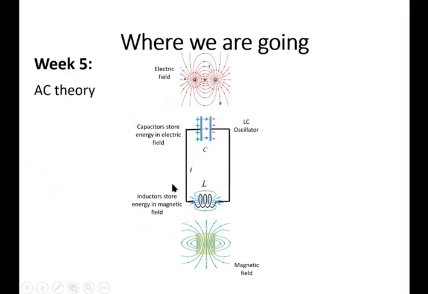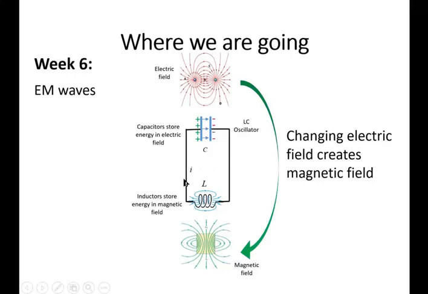Then, when we go to the fifth week, we are going to connect these two important elements, the capacitor and the inductor, to form the LC or inductor-capacitor oscillator. So understanding this LC oscillator will help us appreciate how EM waves, electromagnetic waves, are produced.